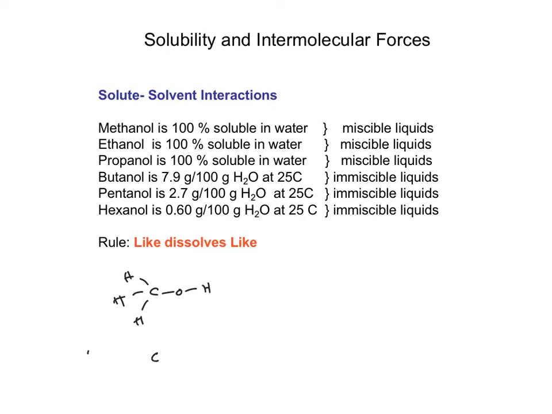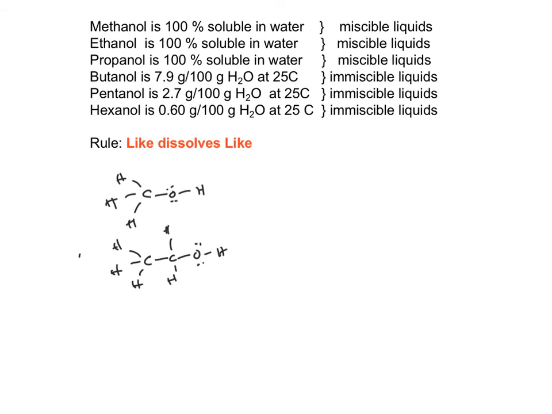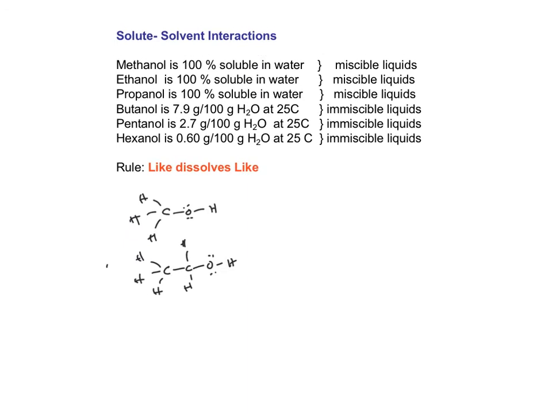Ethanol is, so these OH groups, this makes the molecule the alcohol. Propanol has 3. Butanol has 4 carbons, pentanol, and then hexanol. So let's look at hexanol. 1, 2, 3, 4, 5, 6. OH.